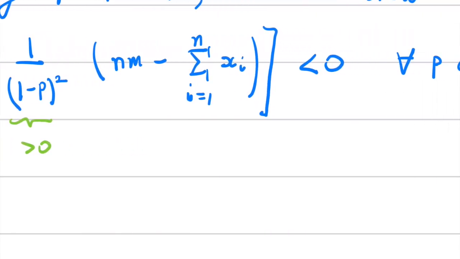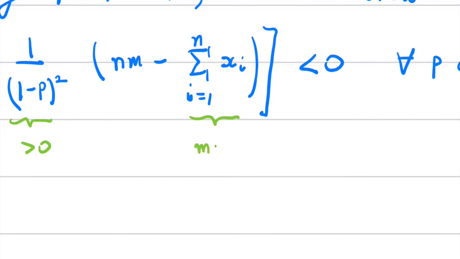And here, the only thing we have to note is that this expression here, the sum of xi's, at best, they could all be a maximum of m.